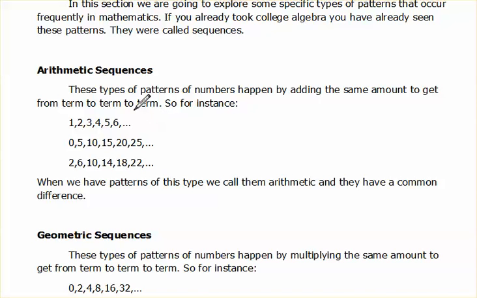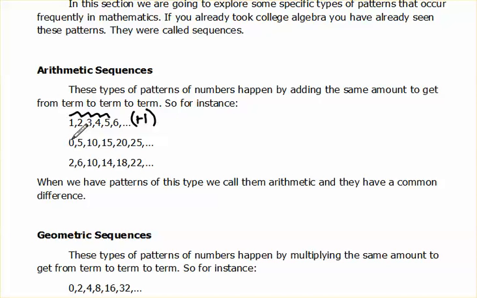Can you see that in order to get from one term to the next, what we're doing? We're adding 1 to get from the first term to the next term, and then adding 1 to get to the third term, and then adding 1 to get to the fourth term, and adding 1 to get to the fifth term, and so on and so forth. So that's what makes this an arithmetic sequence.